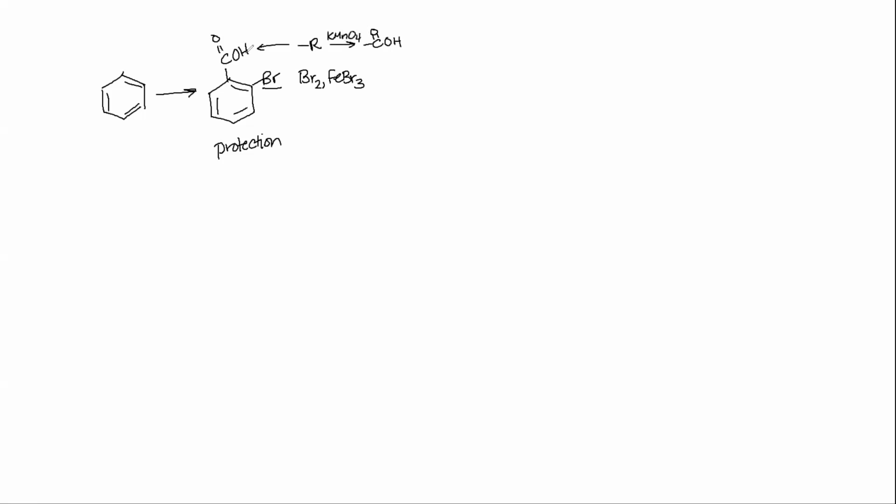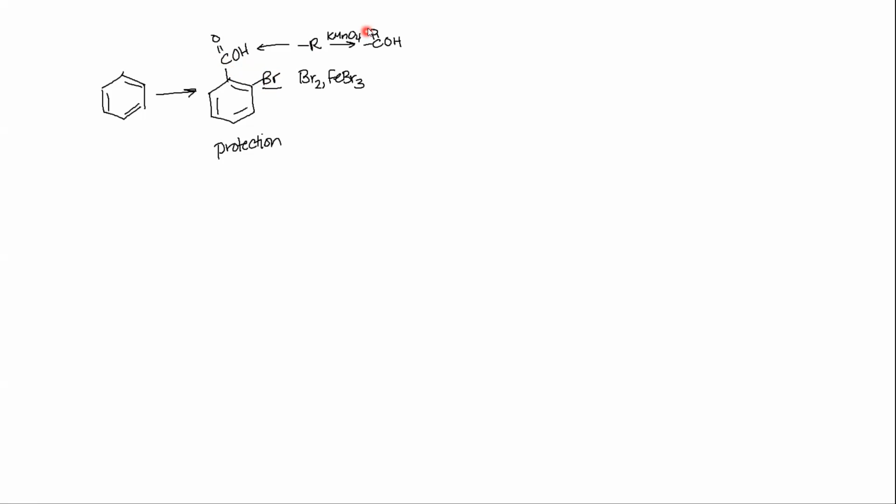So the idea is, first we should figure out how to add our groups, and then we can figure out the sequencing. You could put a bromine on here and then make a Grignard out of it, but the problem is that we can't have one bromine here and another bromine here and try to make one of those two the Grignard without potentially making both of them the Grignard.